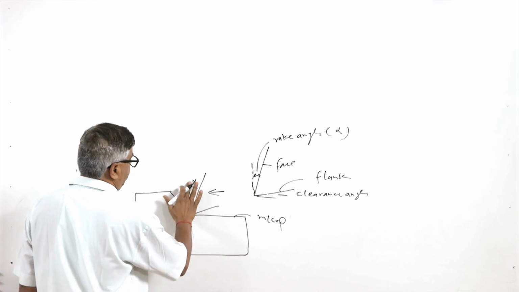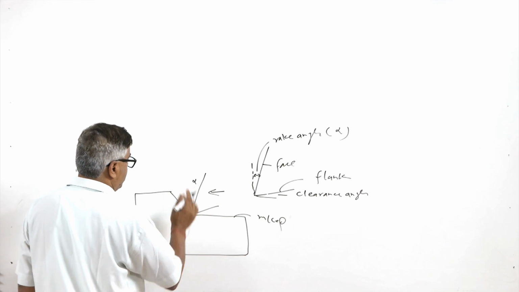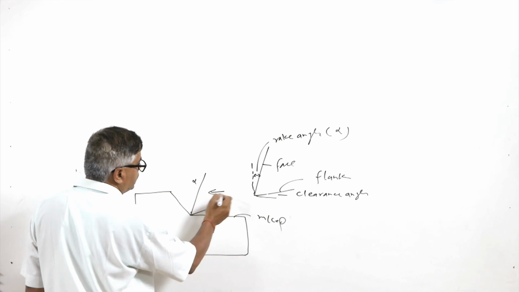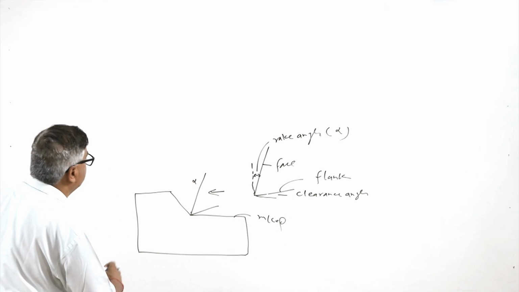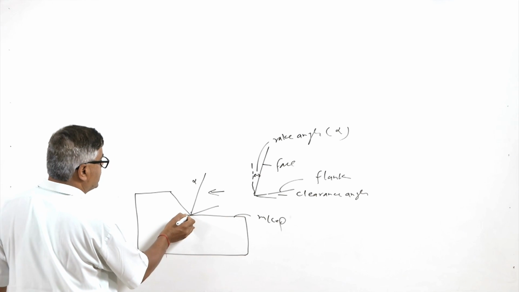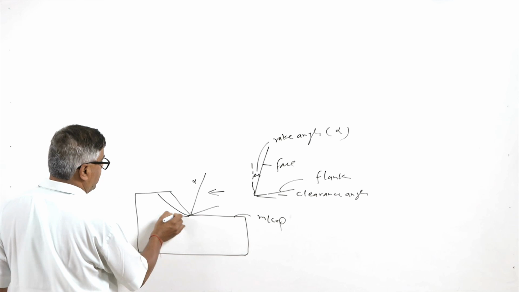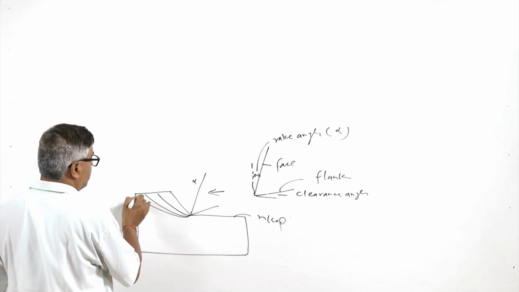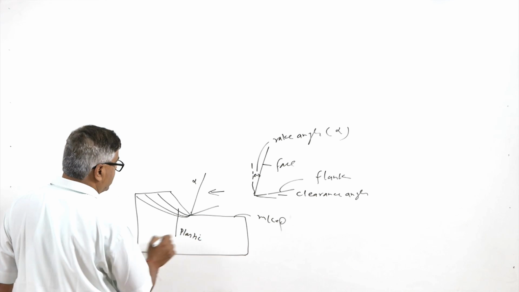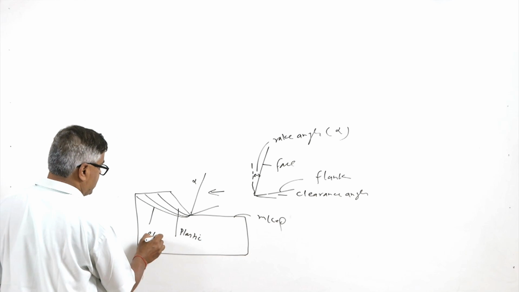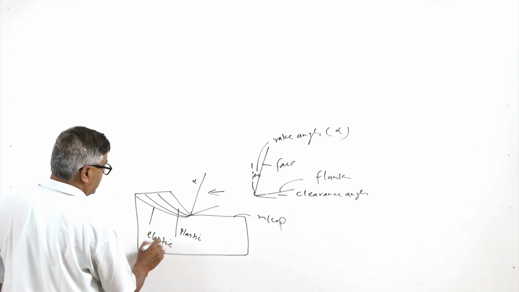When the tool is moving with respect to the stationary workpiece, the material ahead of the cutting edge is subjected to deformation like this. This deformation is very plastic near the cutting edge, and it is elastic away from the cutting edge.